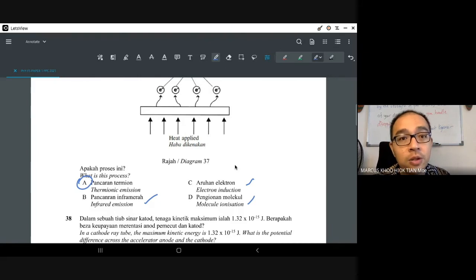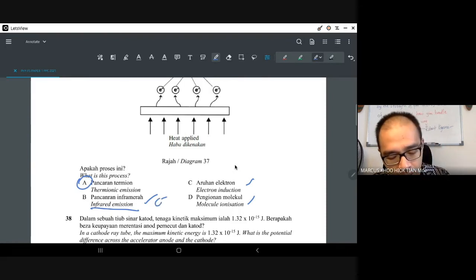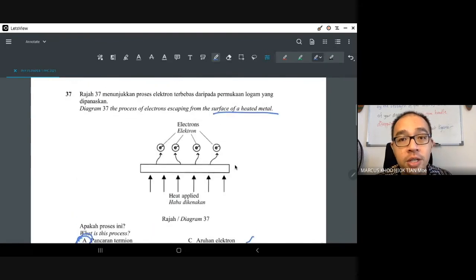We don't go in depth into it. Infrared emission, we don't even talk about this. This may be in chapter 7, but we haven't even started talking about it. The only one that makes sense is thermionic emission. So again, this is a kind of question where you either know or you don't know.